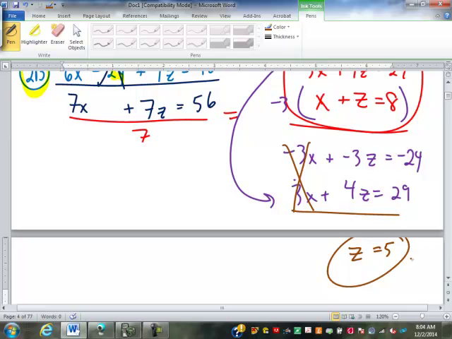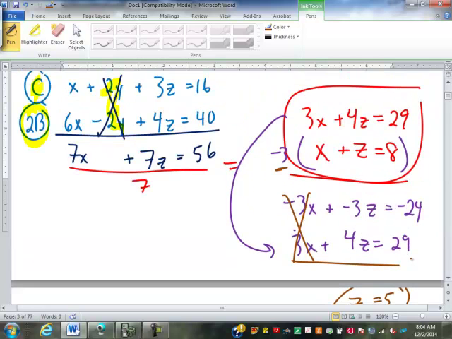Is that just some number that you come up with? Yeah, when I do the negative 3, what it is, I look here and I see, hey, this is a positive 3x. If this were a negative 3x, it would cancel out. So I make it a negative 3x. I could have also multiplied by negative 4, so it would be positive 4z and negative 4z. That would have worked as well.